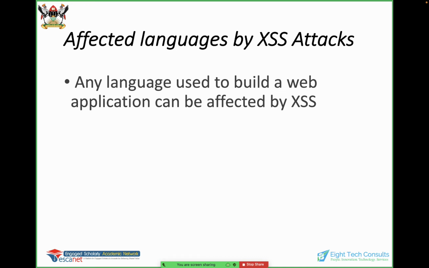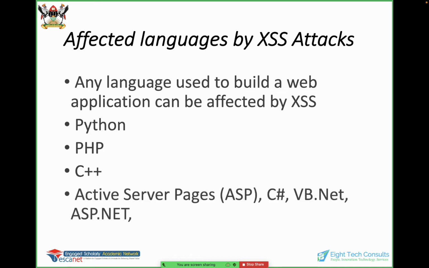Things like HTML and XML can be affected by XSS attacks. Python, even PHP, can also lead to XSS attacks, and also C++ and Active Server Pages, what we call ASP, or VB.NET.